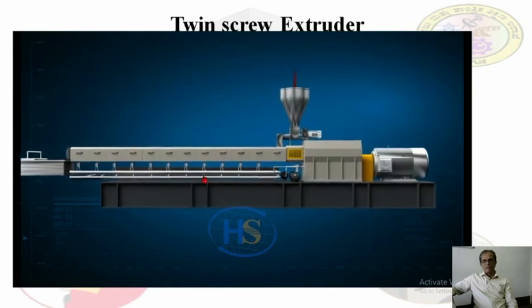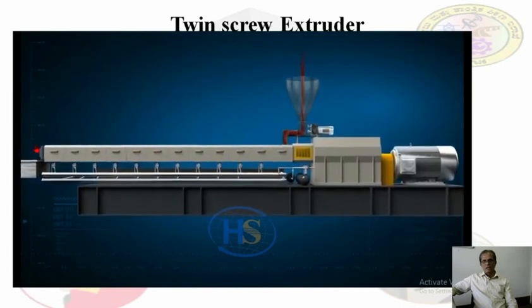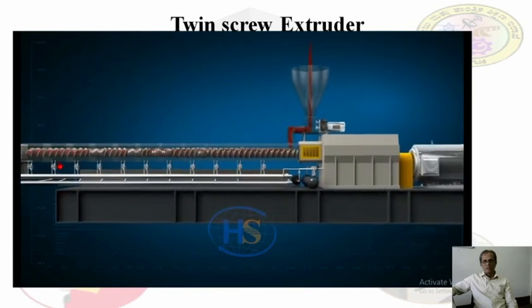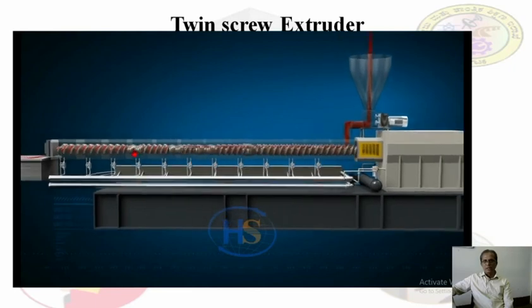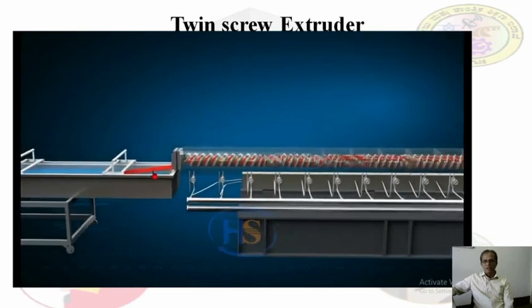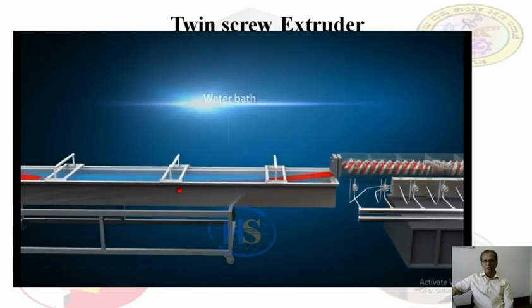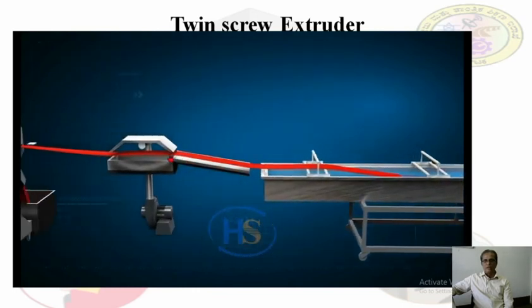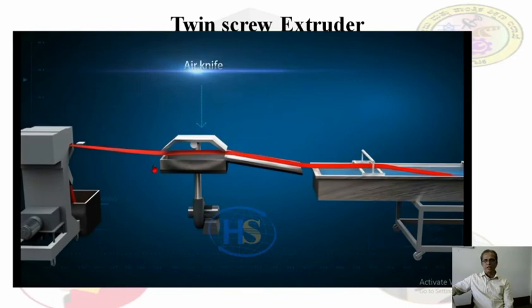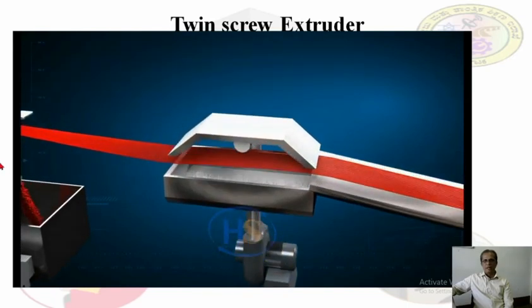Water cooling strand pelletizing is also a very similar process. Say from the hopper, the material which you have charged is going to move further, and from here it is taken and dipped into the water bath for cooling, and after that there is a dragging unit, and here the cutting arrangement is there.